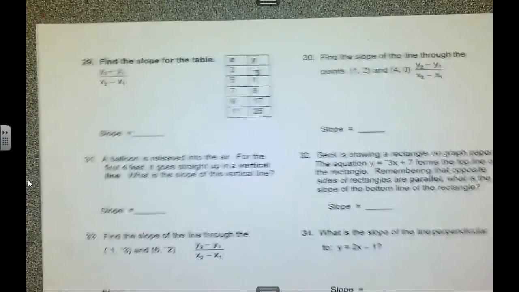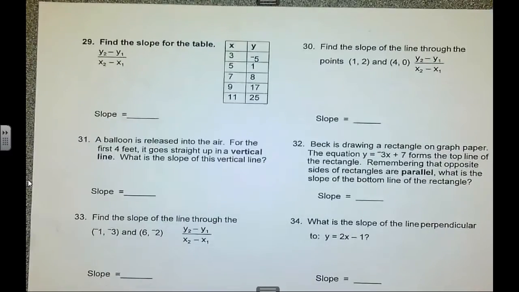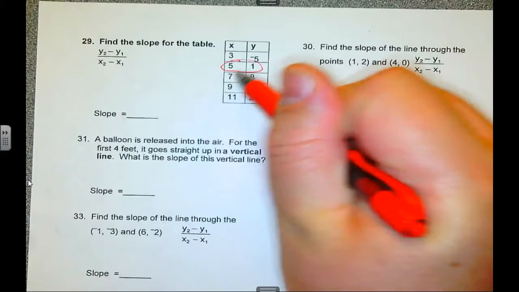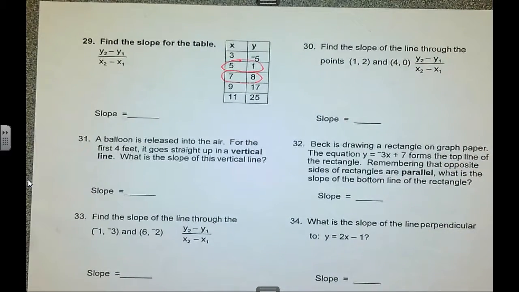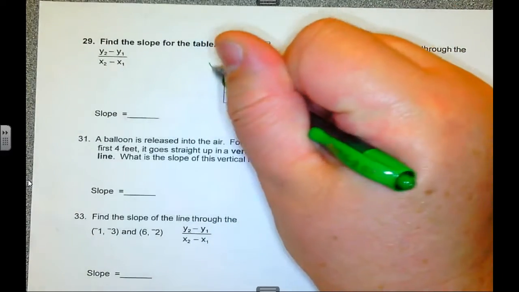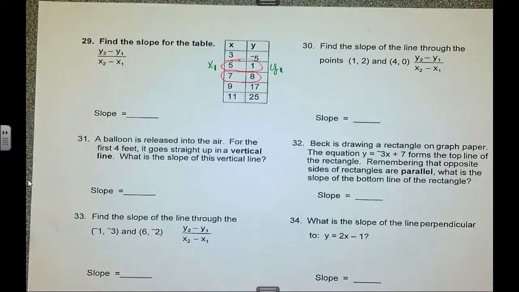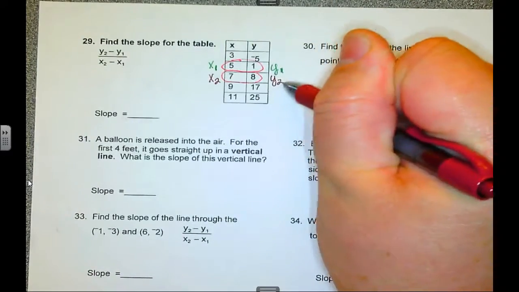I'll do 29. Find the slope from the table. Just pick two numbers, or two ordered pairs. I'm going to pick this ordered pair and this ordered pair. Okay. You can pick any two ordered pairs you want. It's my x1, y1. x2, y2.